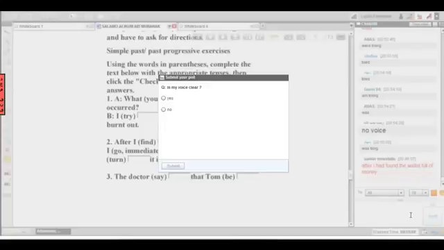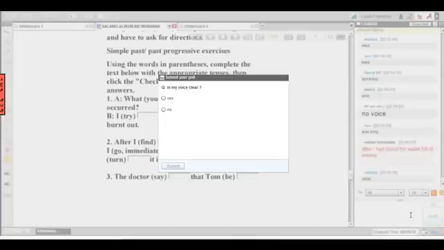So here we have to use past continuous. What were you doing? This is it. What were you doing? Because this is a question for something that you were doing and suddenly there happened an action. There was an interruptive action.